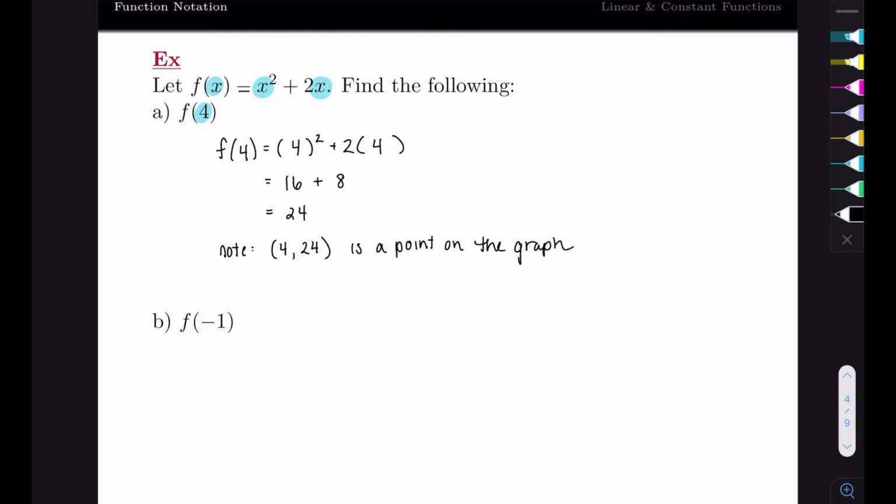We do exactly the same thing for the next problem. We get the variable squared plus 2 times the variable. And this time our input is -1. So we're going to have (-1) squared plus 2 times -1. Be very careful. A lot of times people will just write -1 squared, and that's not right.